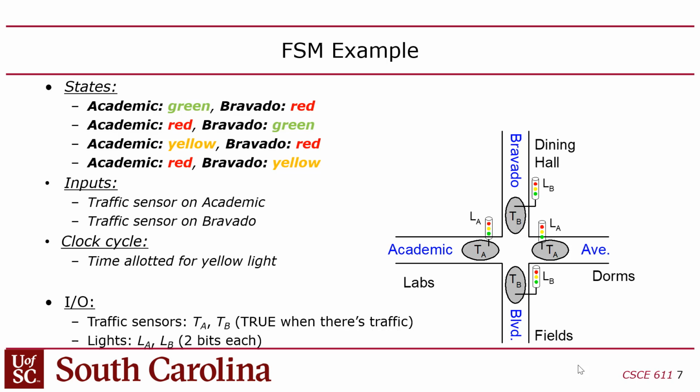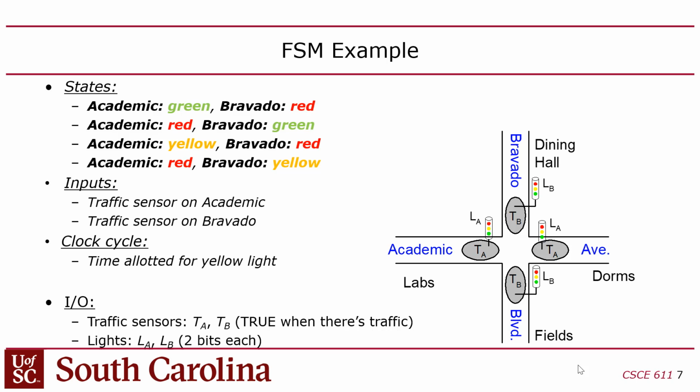However, there's two additional states that are used for the yellow light configuration. So before we change from green to red, we'll have a yellow light transitionary state in there as well. So in total, there's 4 states. There's 2 for the green light on either road and 2 for yellow light on either road. And of course, the other road would be red.